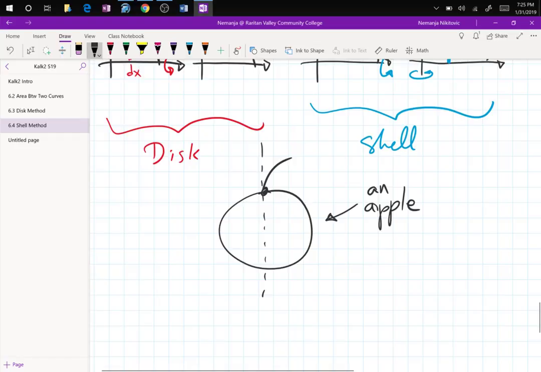Now, if you bring a knife this way to cut through, you will have discs. If you cut the apple that way, you will end up with round discs.